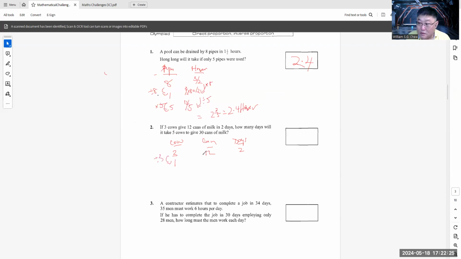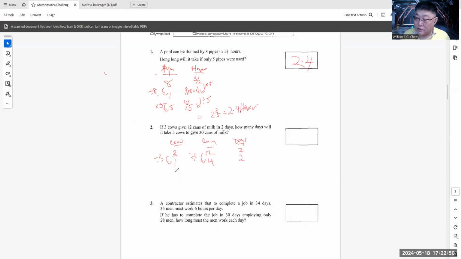So the number of cans will be directly proportional to the number of cows, right? Less cow, less milk. So 12 divided by 3 will give you 4. There's no change in the days, right? So 1 cow will give 4 cans every 2 days.